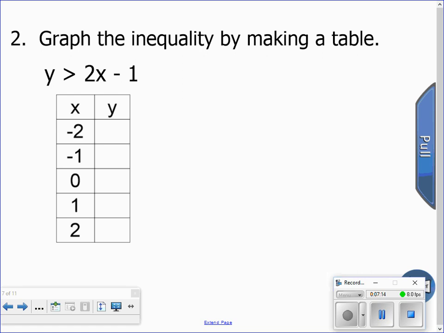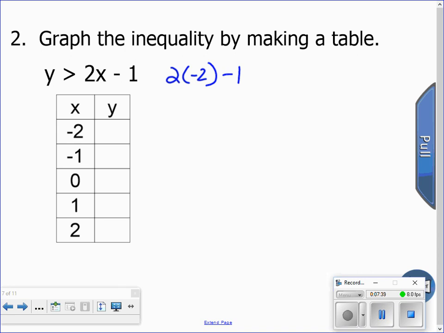So if I plugged in -2, this would be 2 times -2, minus 1. We don't necessarily want to include the inequality sign when we're making the table of values. So we'll ignore the inequality sign for right now, and then we'll go back and refer to it a little bit later.